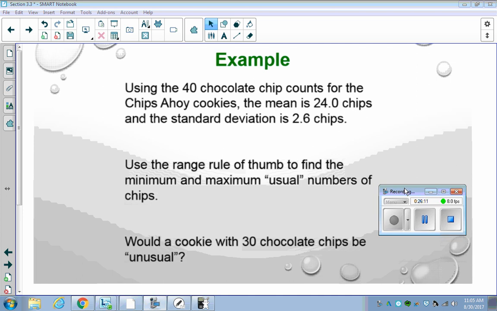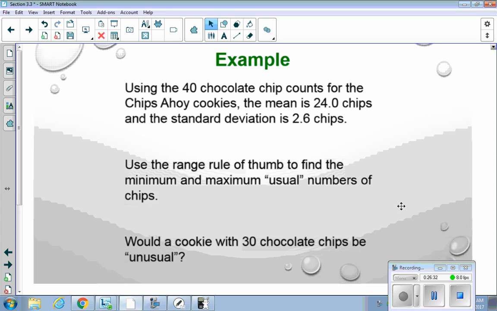The mean is 24.0 chips, and the standard deviation is 2.6. Use the range rule of thumb to find the minimum and maximum usual numbers, and then decide if a cookie with 30 chocolate chips would be unusual.